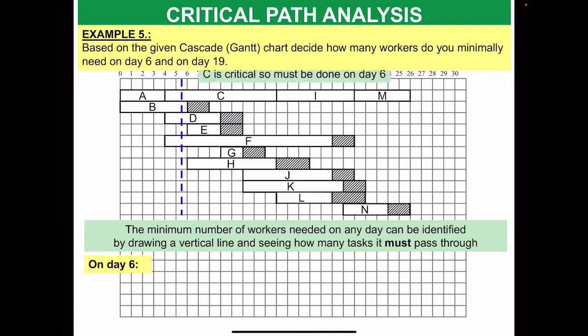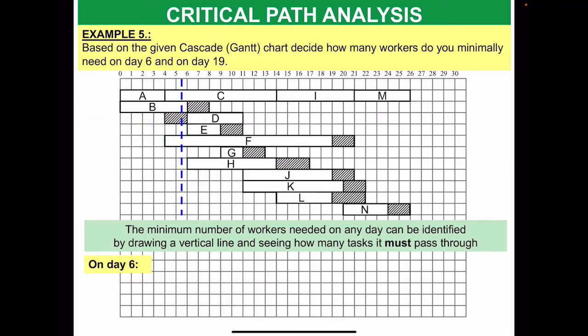Activity B also must be happening on day 6 because even when you use the flexibility for activity B, this vertical line, the blue one, will still pass through the activity. That means it definitely must be happening.